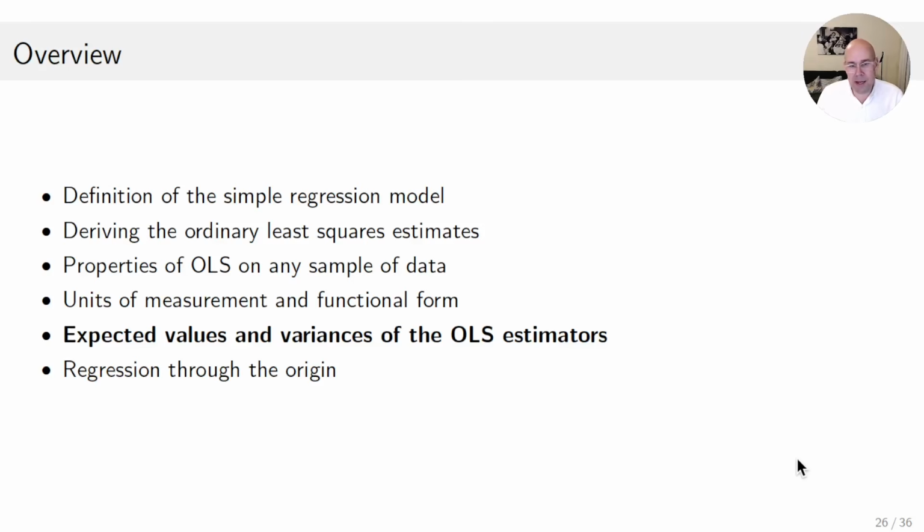The question then becomes, what is the expected value across samples of our estimates, and what is the variance? The expected value is going to tell us how good we are on average, and the variance is going to tell us how precisely we're going to be able to estimate our parameters when we have one single random sample from the population.